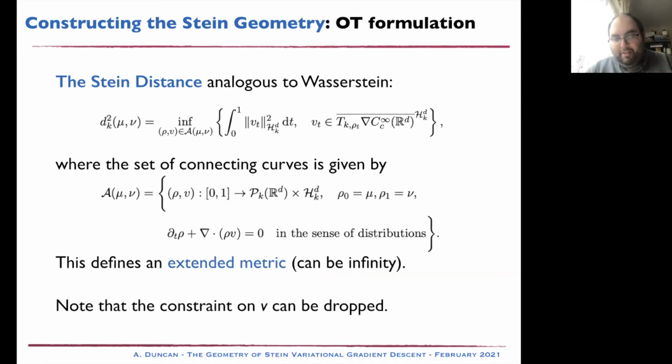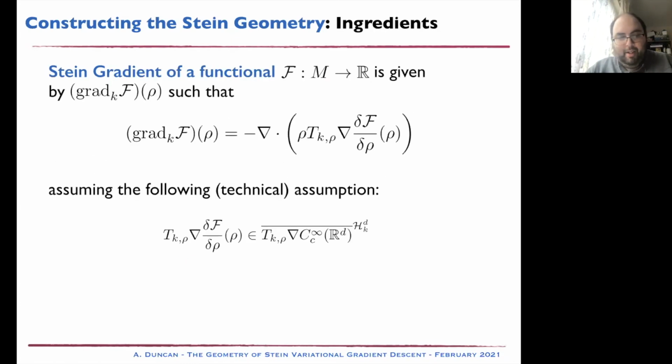Probably one can then ascertain that it is a well-defined metric. It's just we never showed it. And so then, of course, we actually need to define what a gradient with respect to the actual geometry is.